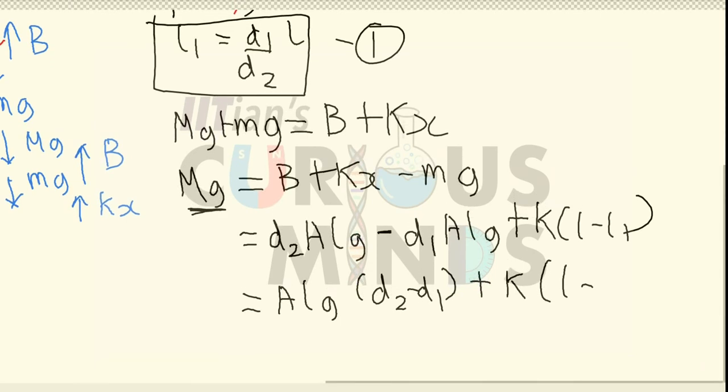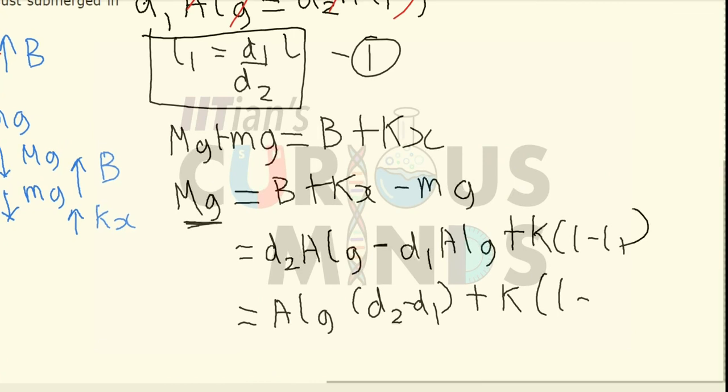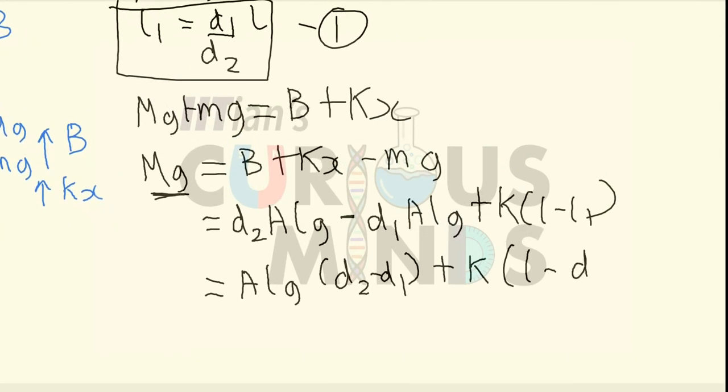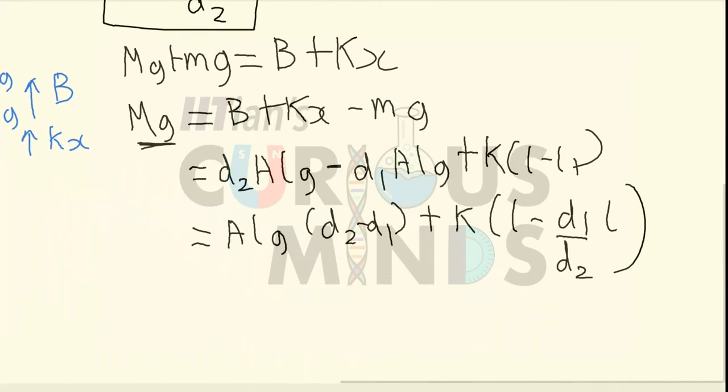Now L1 over here will be equal to d1 divided by d2 into L. So from this part I can take L common.